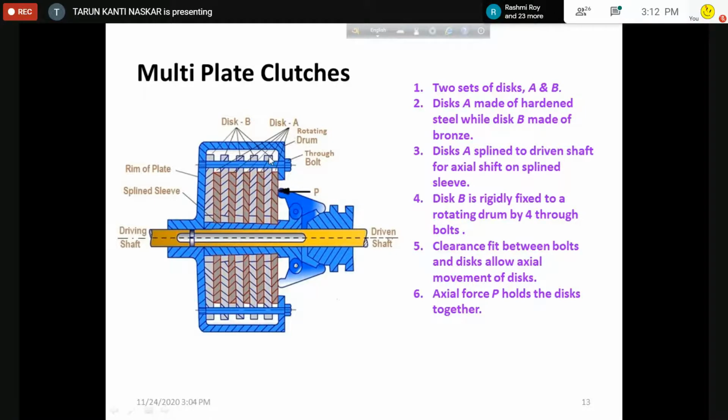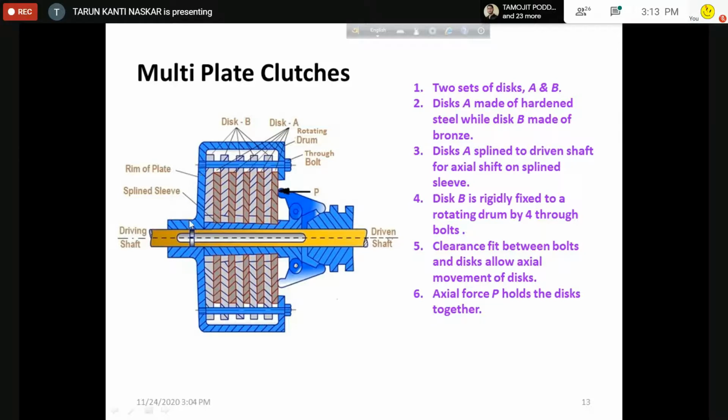These disc B are attached to this cage type of thing through these 4 through bolts. It is circular, so these through bolts are used for attaching all these discs to this rotating drum, a cage type of rotating drum.